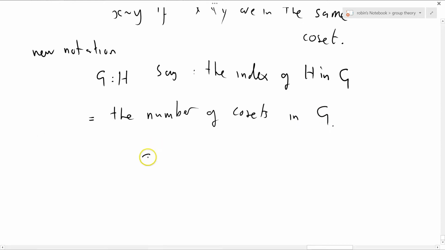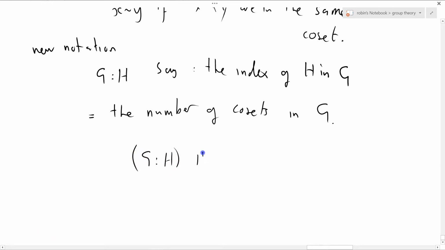So that tells us that G:H times the size of each coset, which is of course H:1, that's how you normally write it, that just means the size of H, equals G:1.